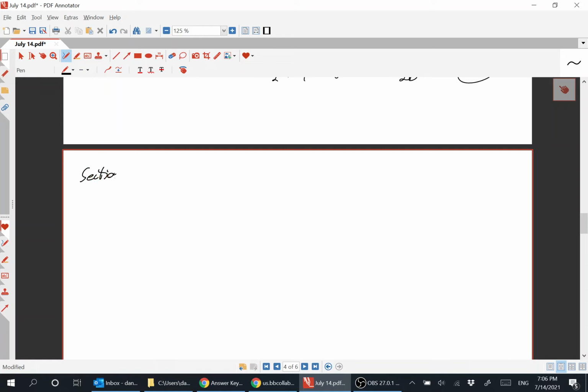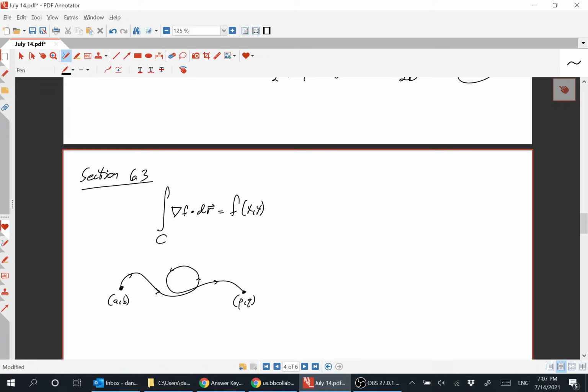Section 6.3. The fundamental theorem of calculus for line integrals, which is the following: the line integral over C, where C is any curve from P to Q, in this direction, of a gradient vector field is equal to f of x, y from P to Q. This can be over two dimensions or 3 dimensions.